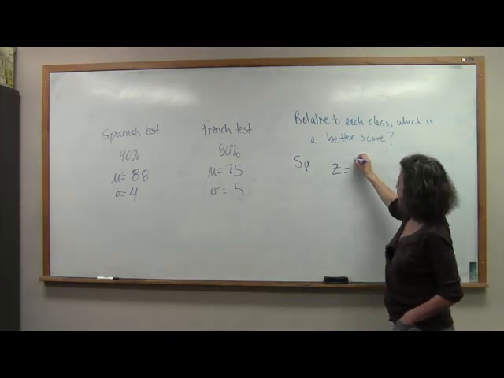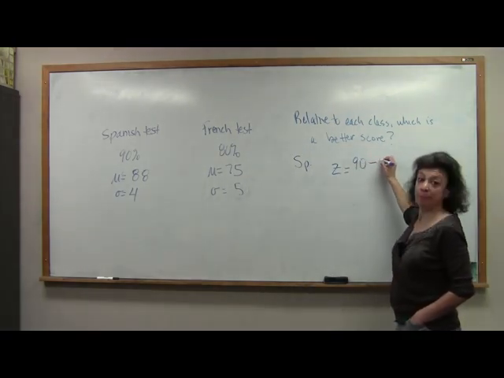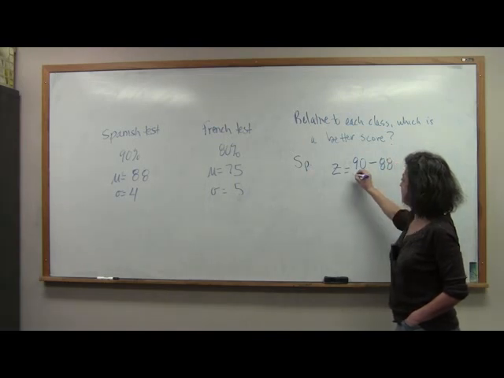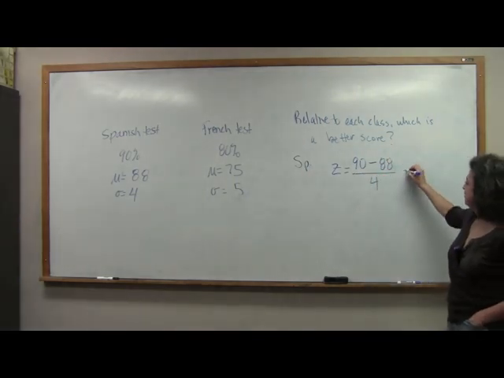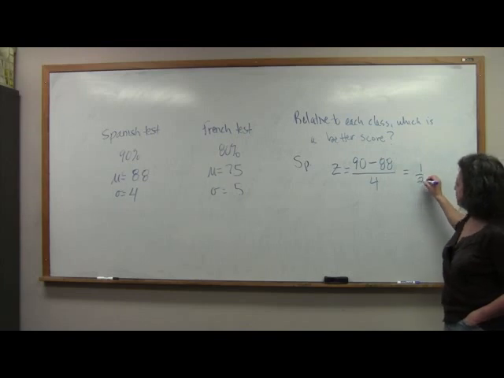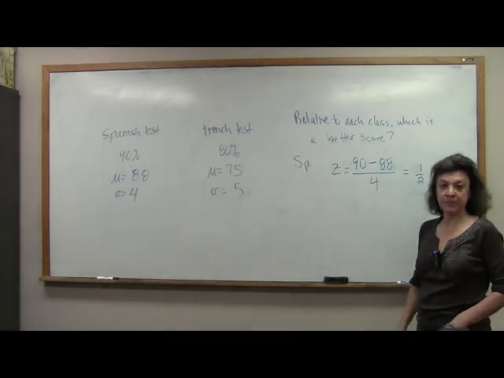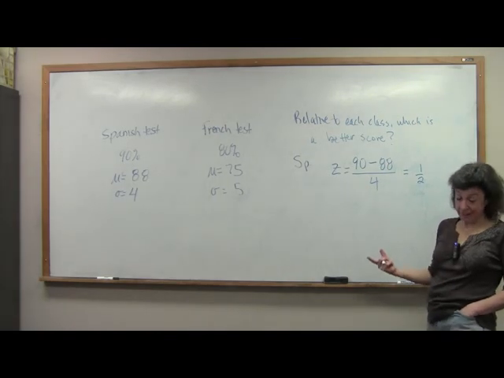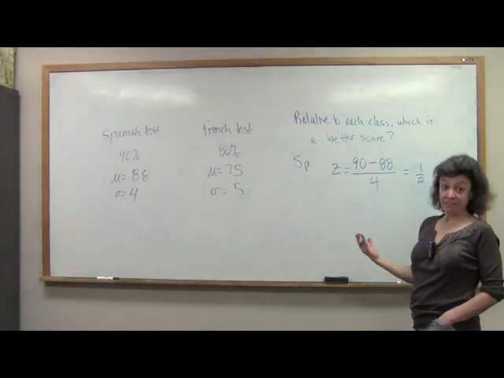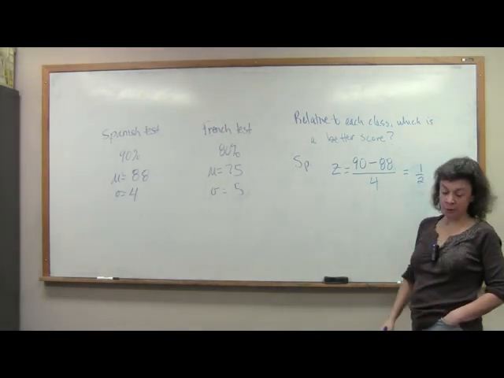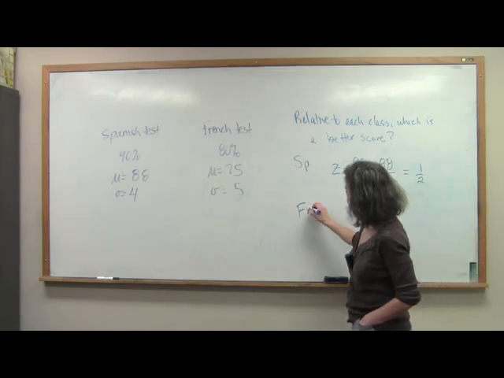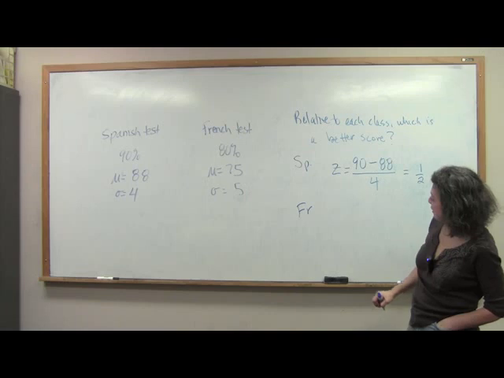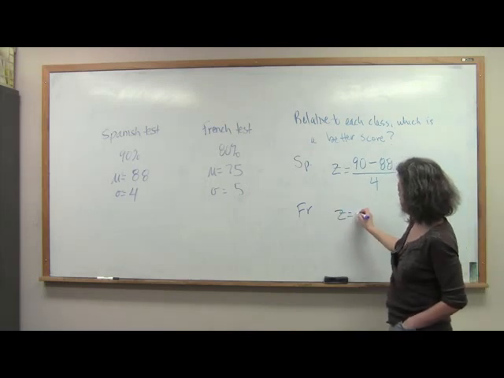What you do is you take your data value minus the mean and divide that by the standard deviation. I think you'll grant me that you get 1/2 here. So, did we do better than the average in the class? Absolutely. We were a 1/2 a standard deviation above the mean. Now let's talk about our French test.